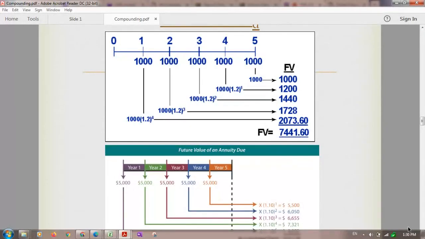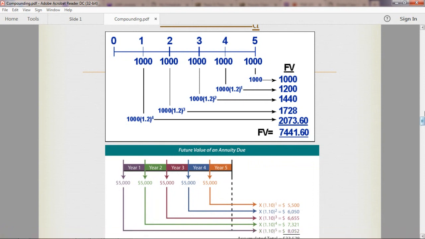Annuity due is only under a specific instruction, meaning in the problem there will be a clue. It will say annuity due, or it will say the payment or deposit is made at the beginning of each period, something like that. Otherwise, it's automatically assumed by default to be an ordinary annuity.